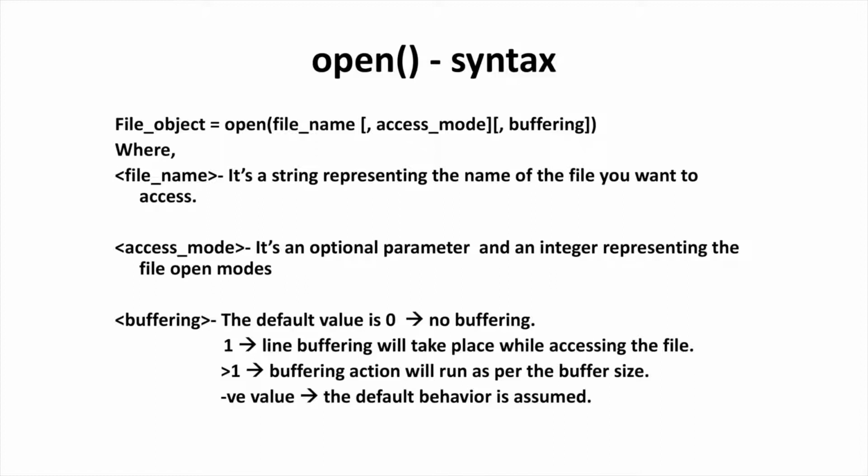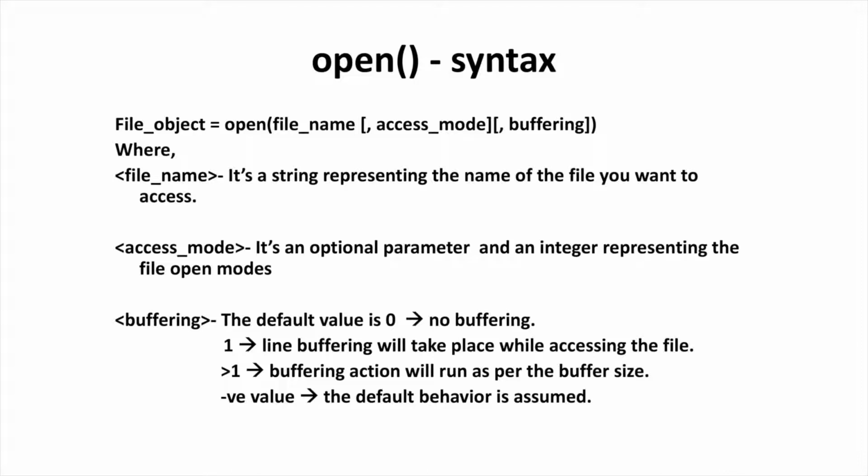See the syntax for opening a file in Python over the console. The syntax for opening the file is open with 3 arguments, of which 2 are optional and the first argument is mandatory, which is the file name. It is a string representing the name of the file you want to access.